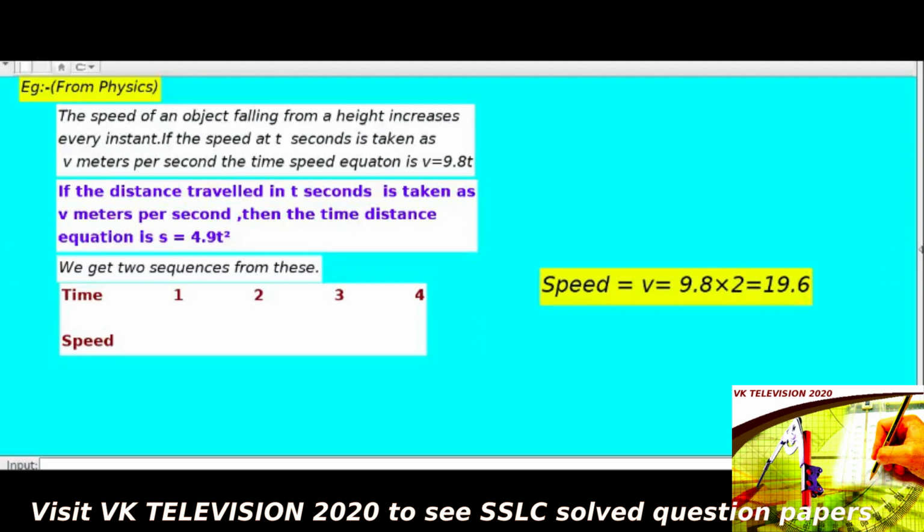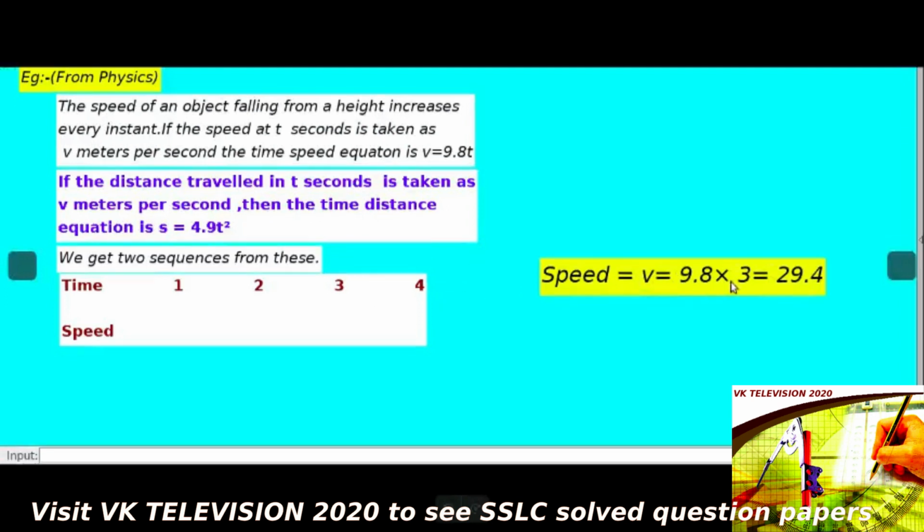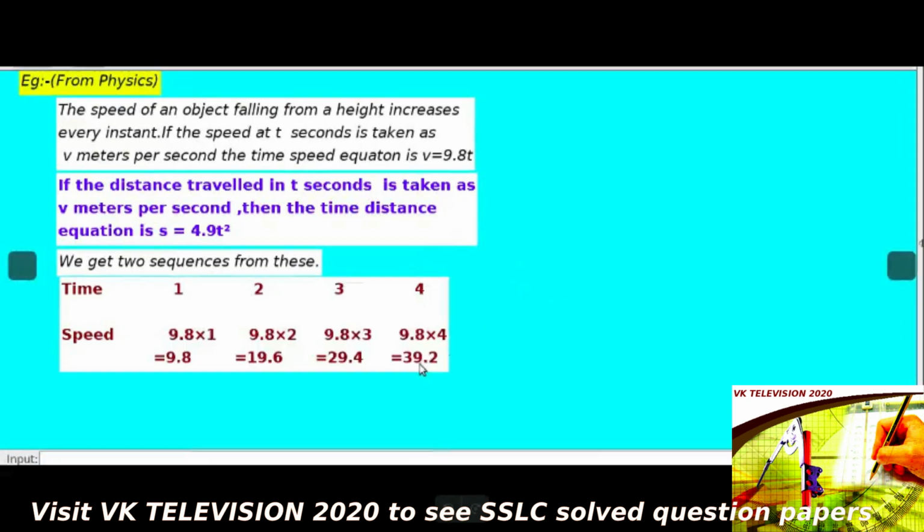When t is equal to 3, the speed v is 9.8 into 3 is equal to 29.4. If we replace t with 4, then we obtain v is equal to 39.2. So we obtain speeds 9.8, 19.6, 29.4, 39.2. This is also a sequence.